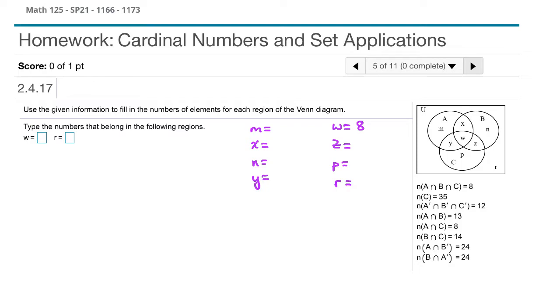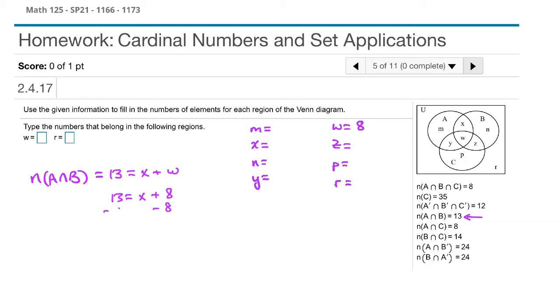Now if we move to another set that only corresponds to a couple of regions, one set that does that is our set A intersect B. A intersect B corresponds to our values of X and W. Since the cardinality of A intersect B is given as 13, this is X plus W. We know that W has a value of 8, so 13 equals X plus 8.